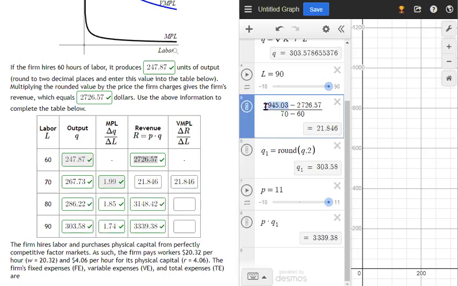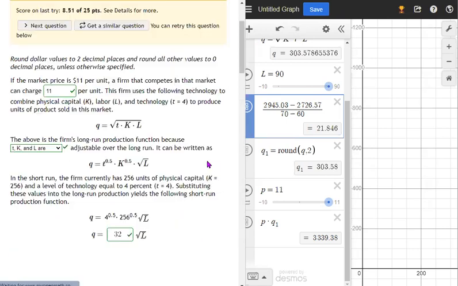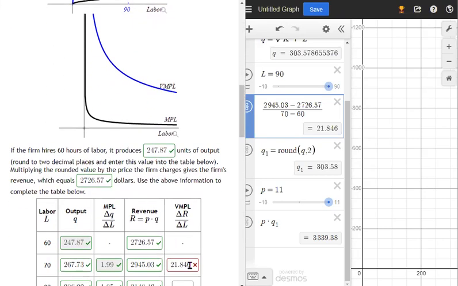Yeah, you gotta be really careful when you're copy and pasting in Mountain Math. Okay. Oh, this has got to be 5.